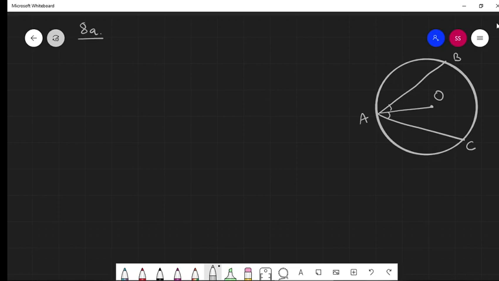So the given is: O is the center of the circle, angle OAB equal angle OAC.